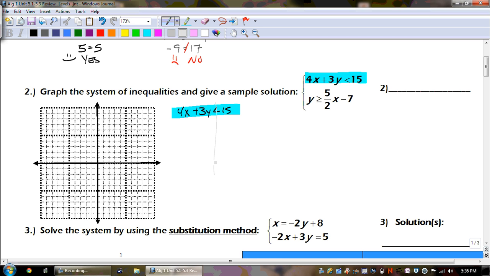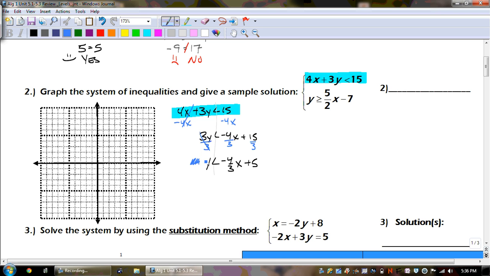To get the y by itself, we subtract the 4x to the other side, and we have 3y is less than -4x plus 15. To get the y by itself, we divide by 3. So we get y is less than -4/3 x plus 5.